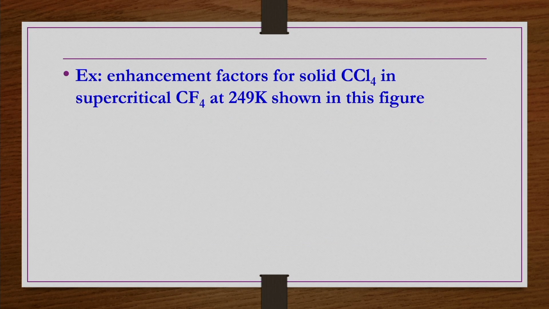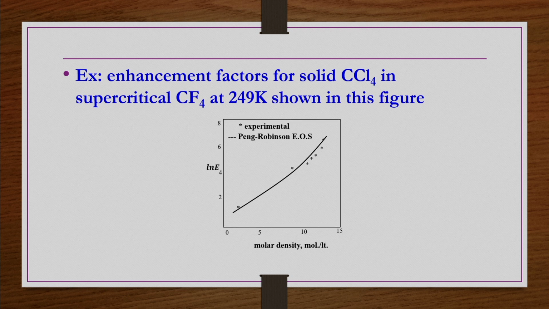In order to get a feel for how large this enhancement factor is, especially with increasing molar density, we can see from this picture the enhancement factors for solid CCl4 in supercritical CF4 at 249 Kelvin.